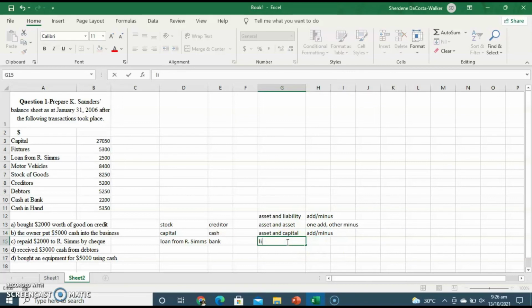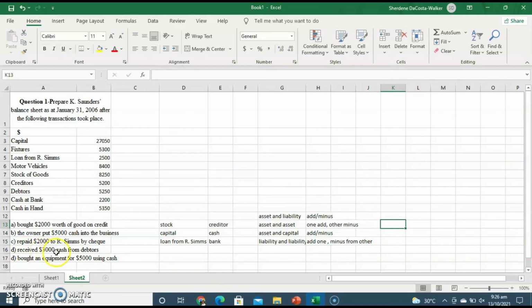If it is a liability and a liability, you are going to add one and minus from the other. All right, so let us continue.